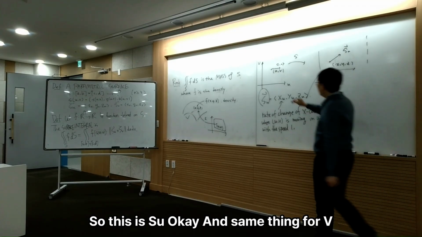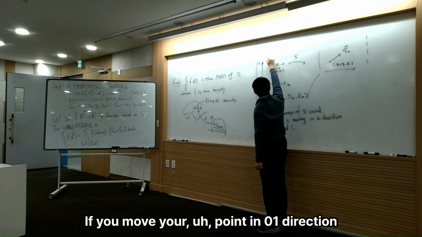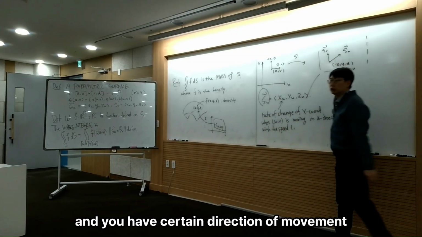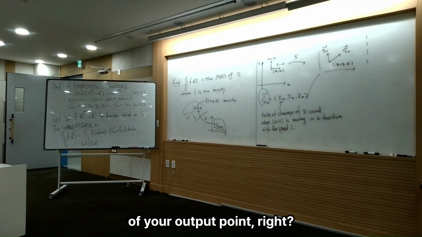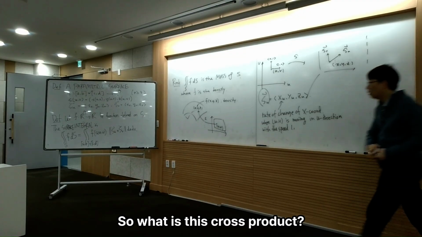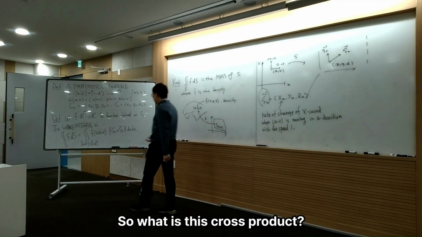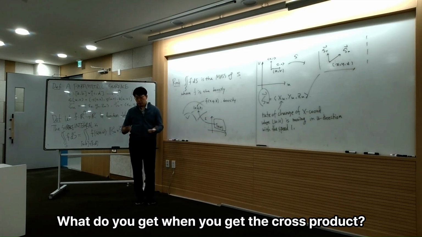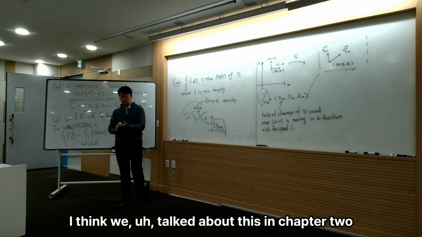And same thing for V. If you move your point in the (0, 1) direction, then you have a certain direction of movement of your output point, right? So what is this cross product? What do you get when you take the cross product? I think we talked about this in chapter 2.